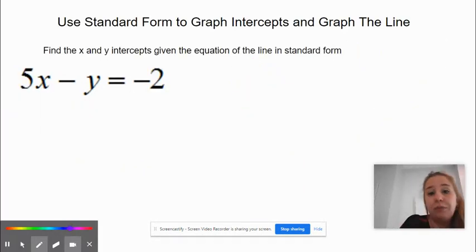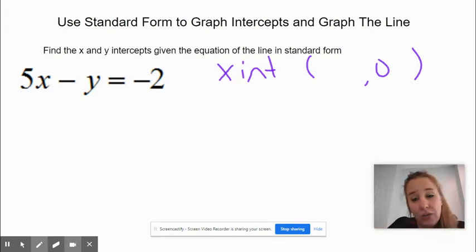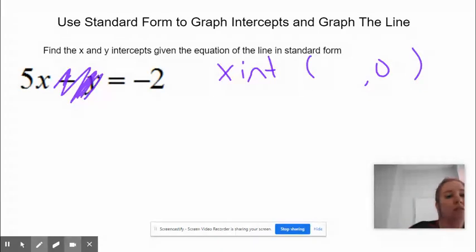Okay, so here for this one, we're going to be looking at our x-intercept. X-intercept means we have some value for x, and y is 0. So if y is 0, we could plug it in for the y, which might work for some of you. But if I'm going to plug in 0 for y, can't I just cut to the chase and get rid of this minus 0?